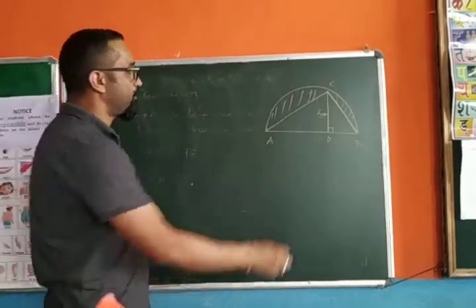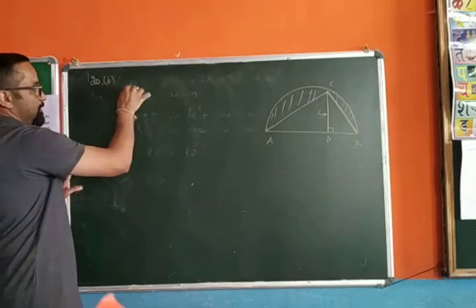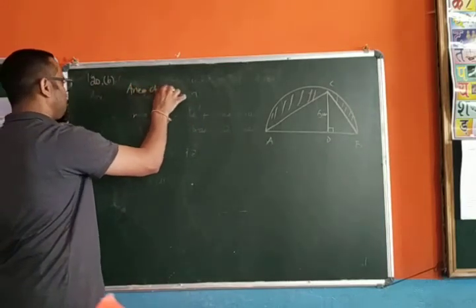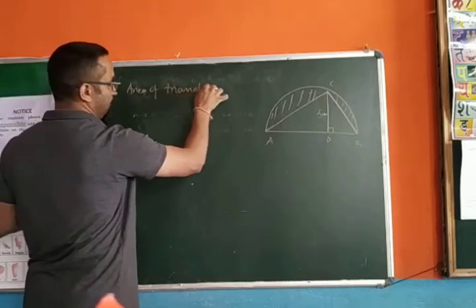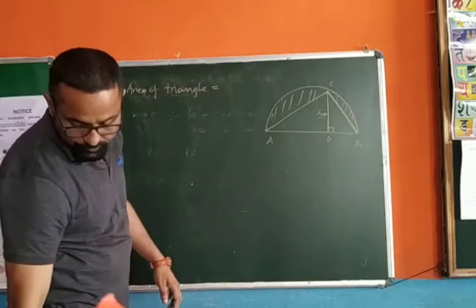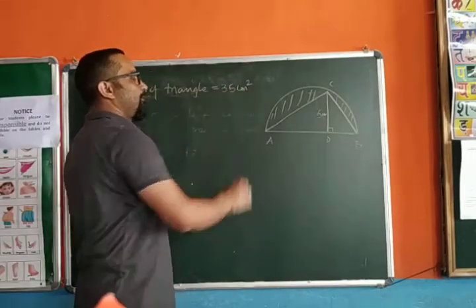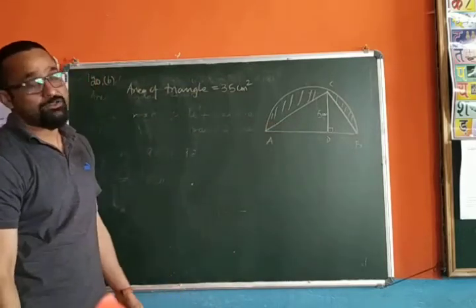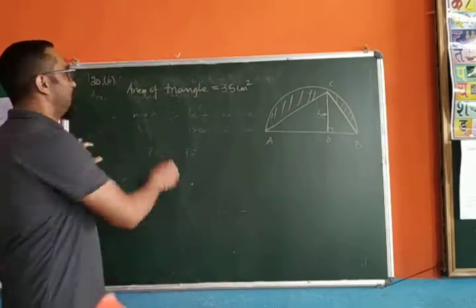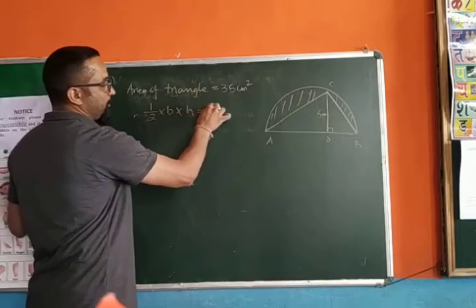Area of triangle is given. Look at the calculation part. Area of triangle is equal to 35 centimeters squared. What kind of triangle is this? It is a right angle triangle. Half into base into height equals 35.